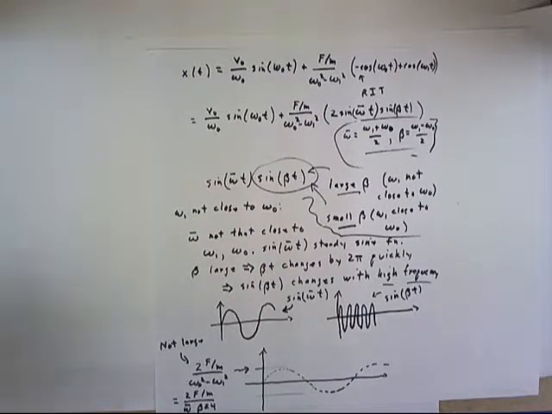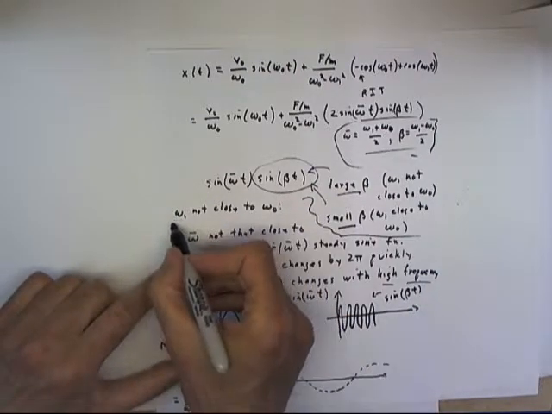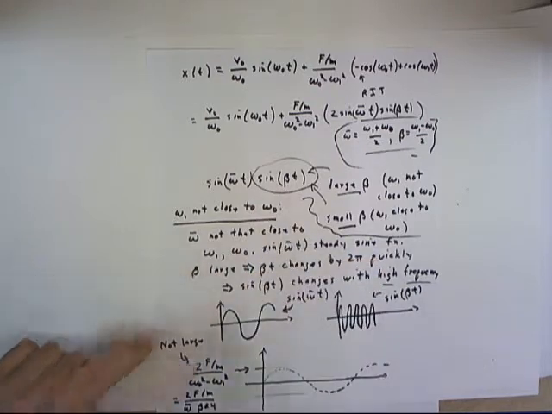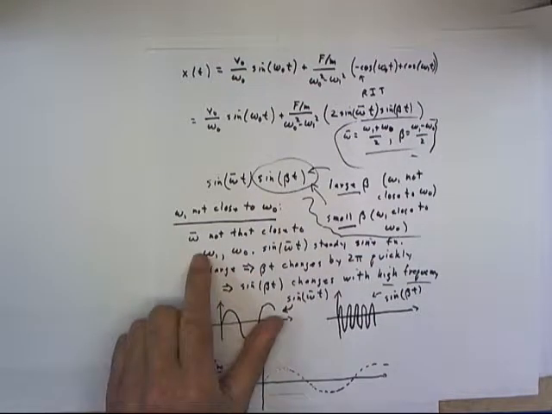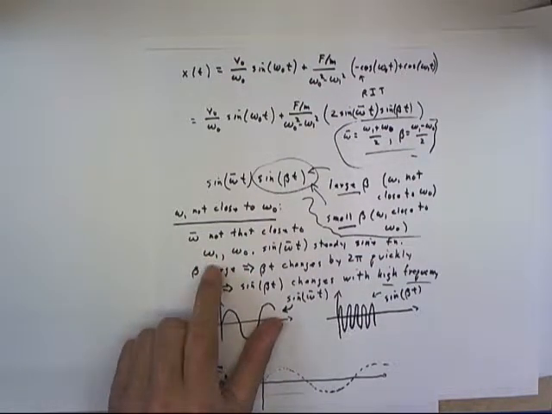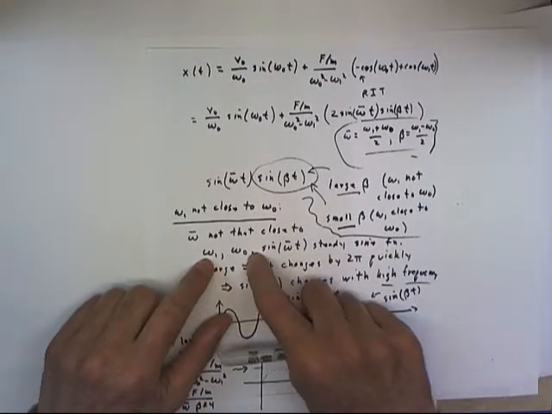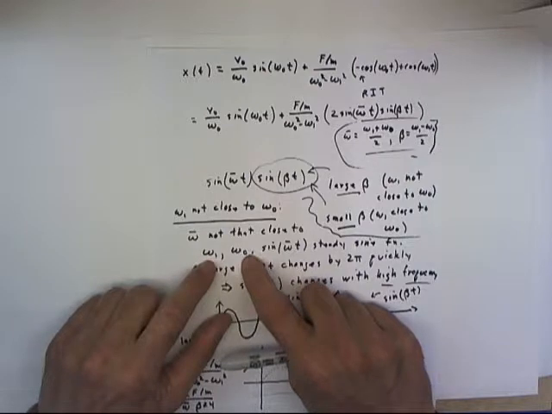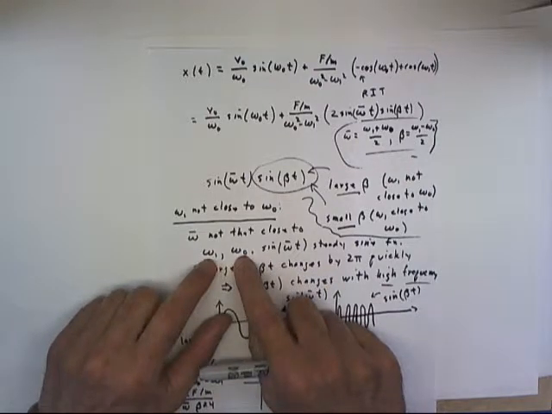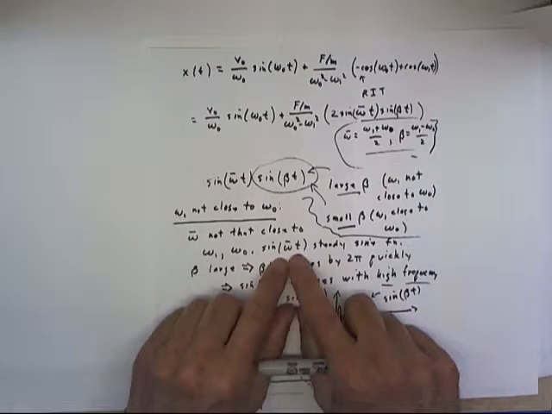To write that out more specifically, let's take the case where omega 1 is not close to omega naught. Then, in that case, as I've said, omega bar is not that close to omega 1 and omega naught, being halfway between these. If these aren't close together, halfway between them isn't all that close to either one.